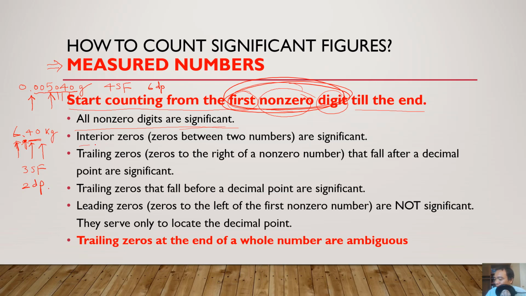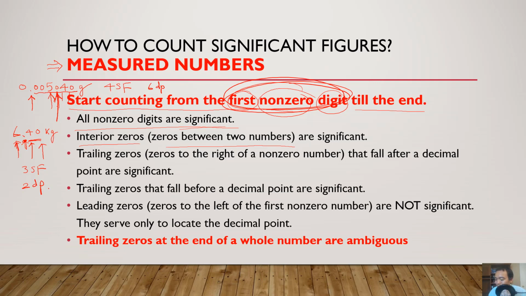And interior zeros, or zeros in between the two numbers, for example, you look at that 0. Yeah, that is significant. Why? Because it is after the first non-zero. Okay? When you want to break it down, that's what that means. But do you have to? You don't have to. You can just simply start counting from the first non-zero digit, and you never stop until the end.